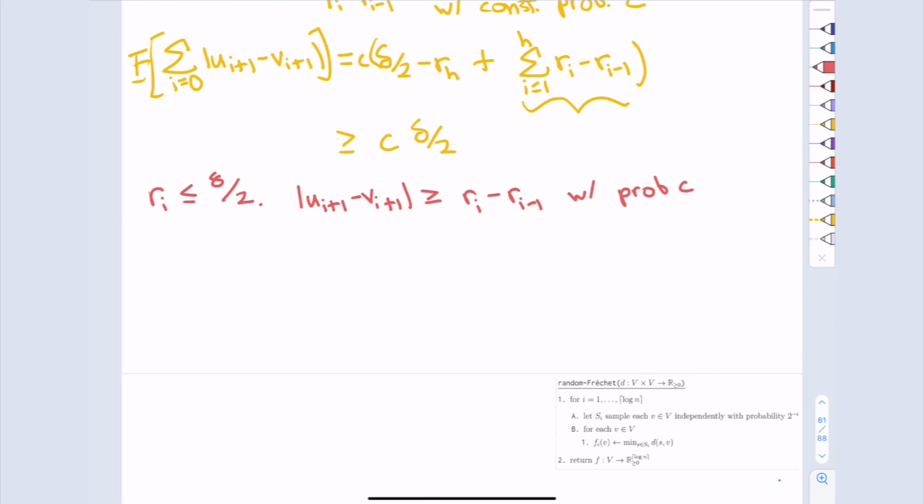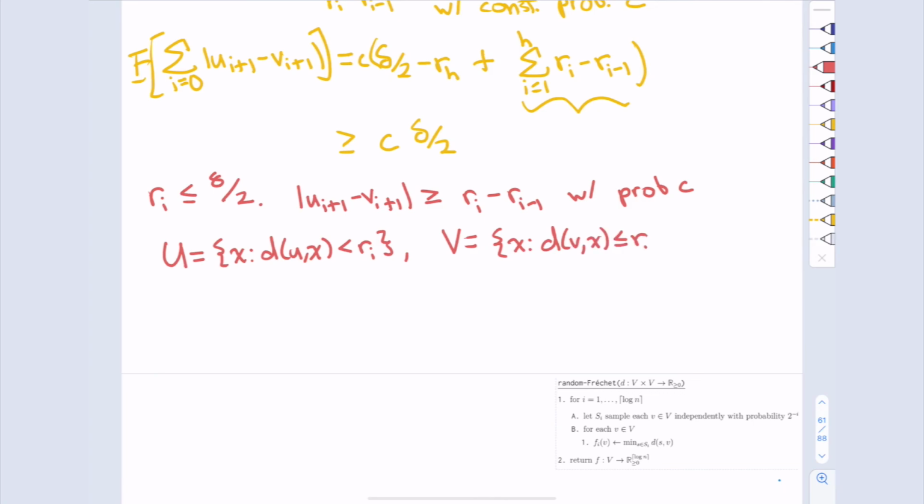In other words, let capital U be the set of points with distance strictly less than r_i from u, and let V be the set of points x with distance less than or equal to r_i minus 1 from v. I'm assuming, otherwise I can swap u and v, that r_i was chosen based on u.